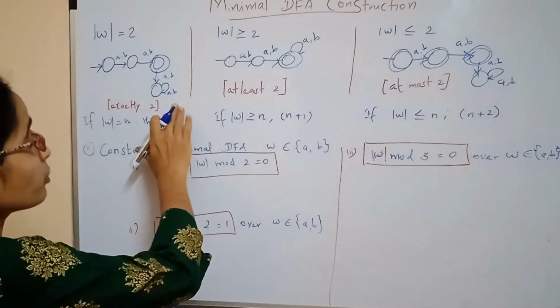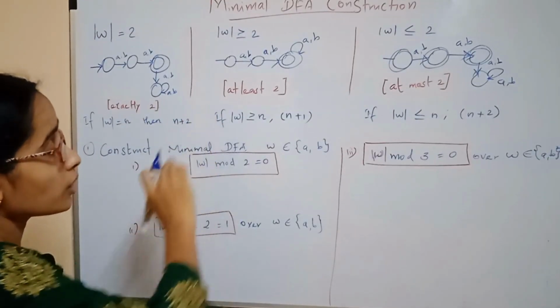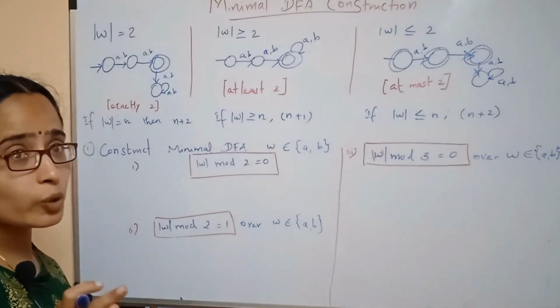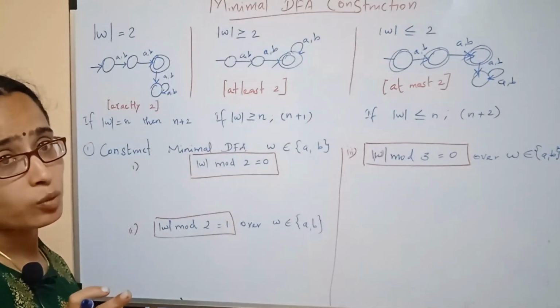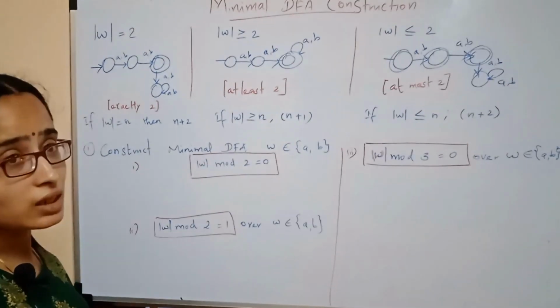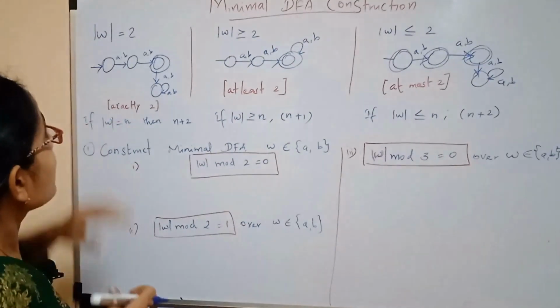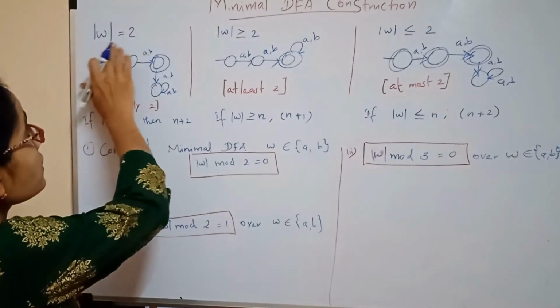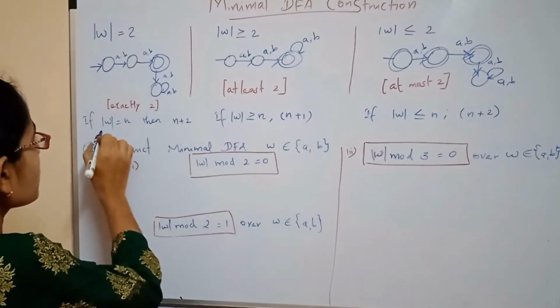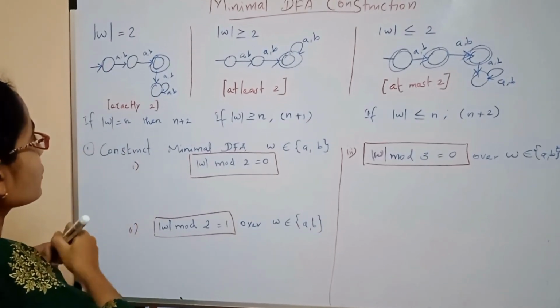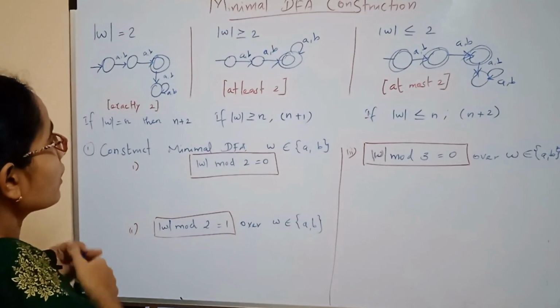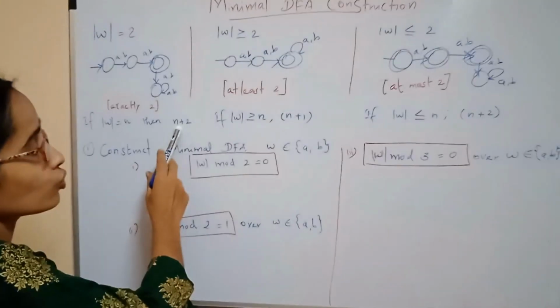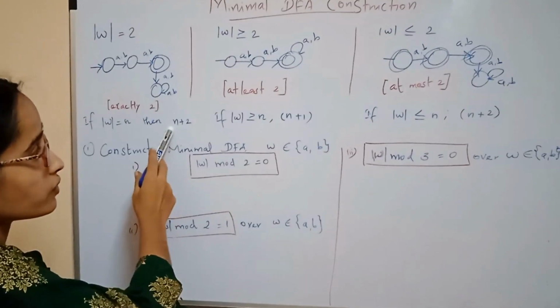In the previous lecture we were discussing how to find the number of states for a given problem. We discussed three formulas. The first is when the length of the string is equal to n, then the formula is n plus 2 states.